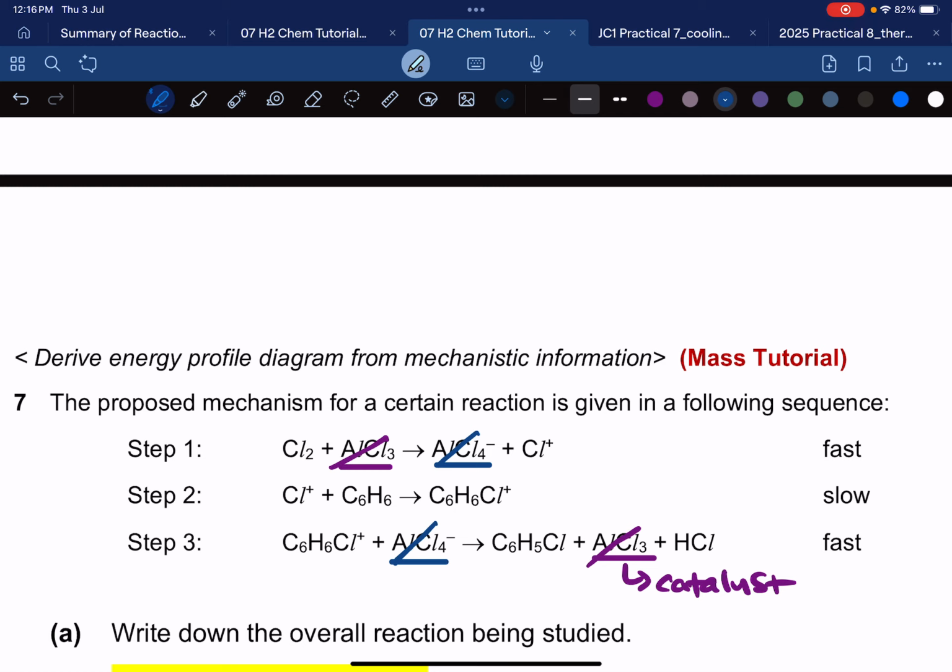Other than AlCl4 minus, we have Cl plus, which is also an intermediate. It is produced in step 1 and consumed in step 2. The last intermediate we have is C6H6Cl plus. This is produced in step 2 and consumed in step 3. So all these species that we have over here are what we call the intermediates.